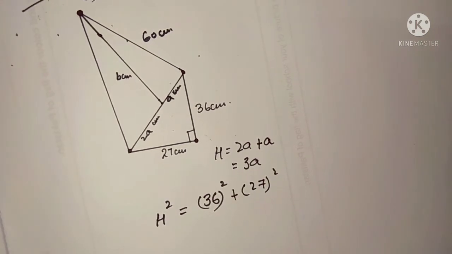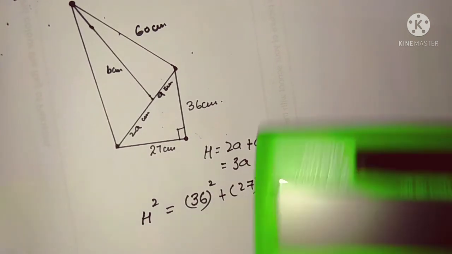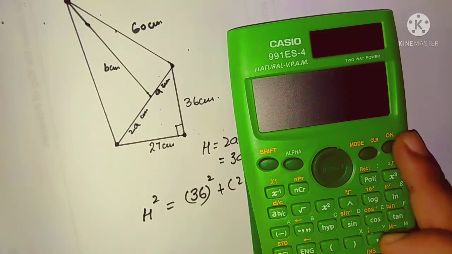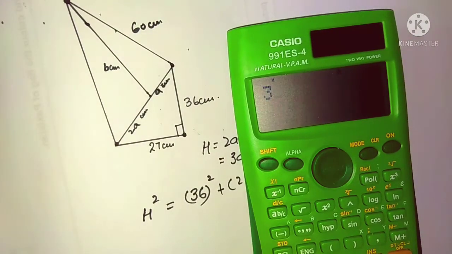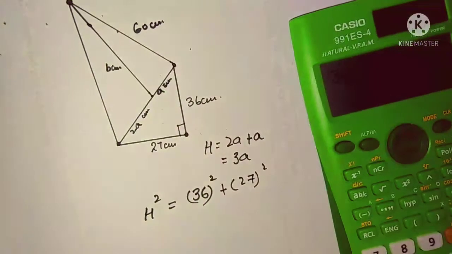So let's find out what will come when we take the square of 36. 36 square will be equal to 1296.